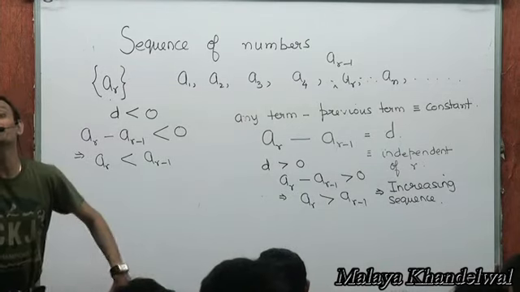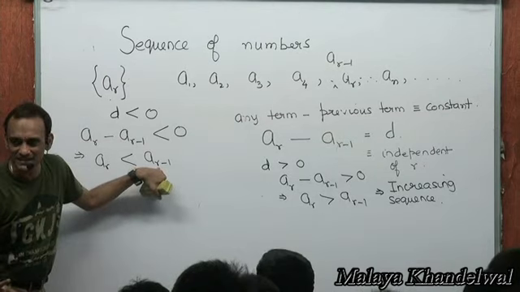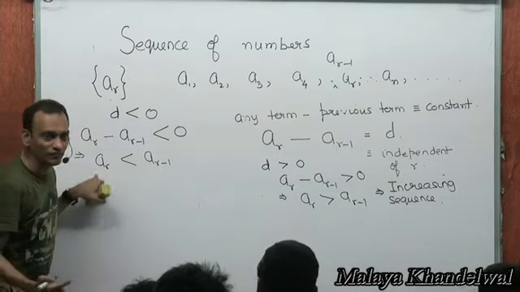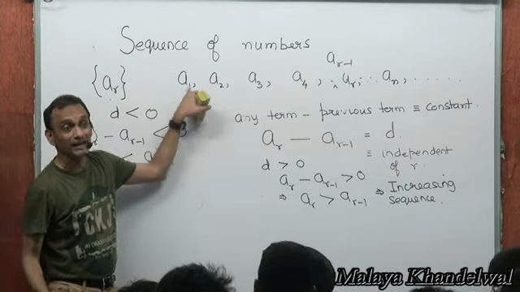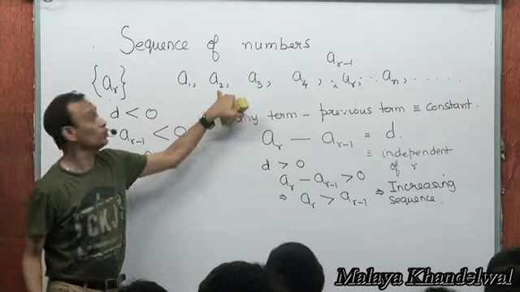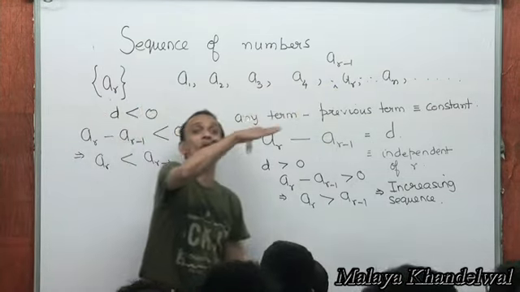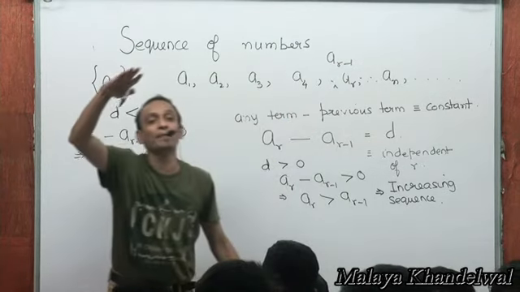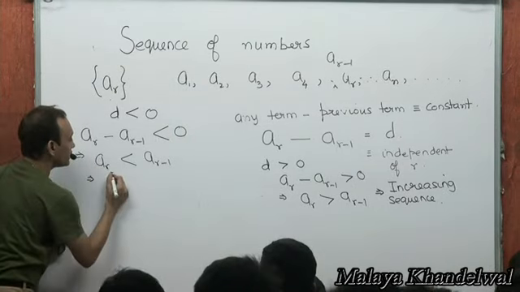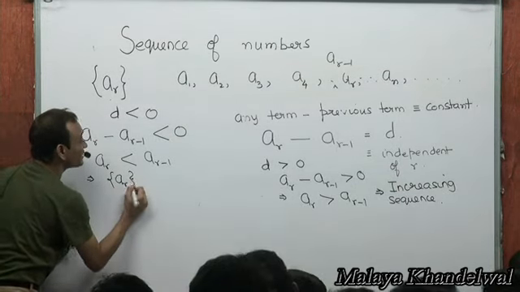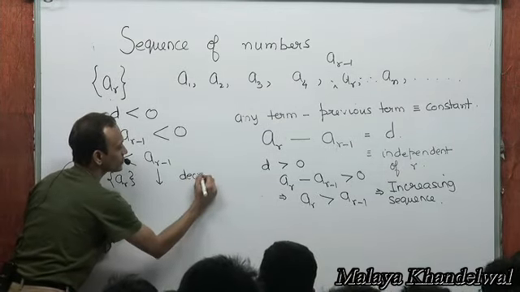It then would be a decreasing sequence, because any term will be less than the previous term. A2 will be less than A1, A3 less than A2, A4 less than A3, and so on. As you keep moving rightwards in the sequence, the numbers decrease in value. So AR is then referred to as a decreasing sequence.